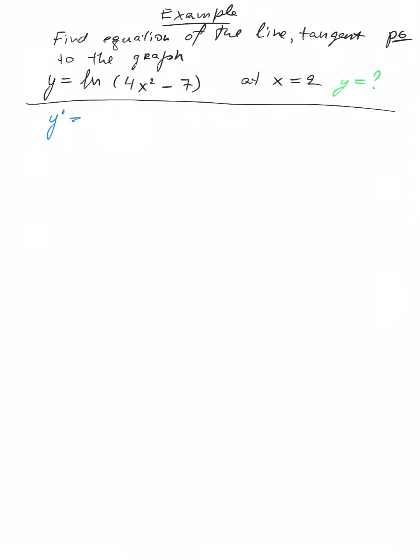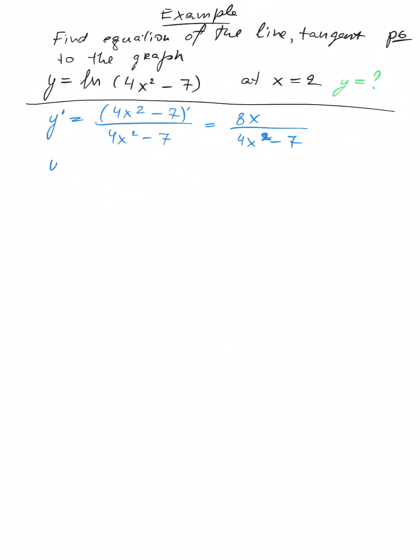So y prime equals 4x squared minus 7 on the bottom, and on the top, remember, it's the derivative of 4x squared minus 7, using one of the forms of the chain rule that I've written down at the very beginning of the lesson. It gives me 4 times 2 is 8x on the top, and 4x squared minus 7 on the bottom.